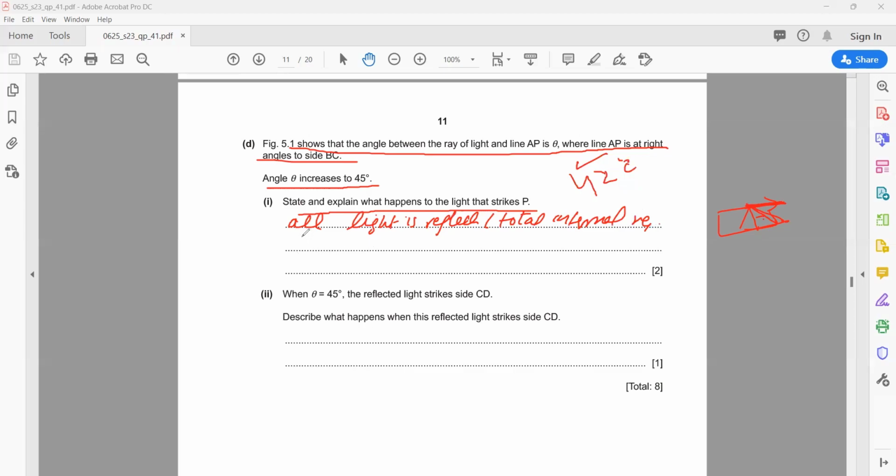The angle of incidence, angle I, is greater than the critical angle, so that is why it is happening. Okay. Got it?